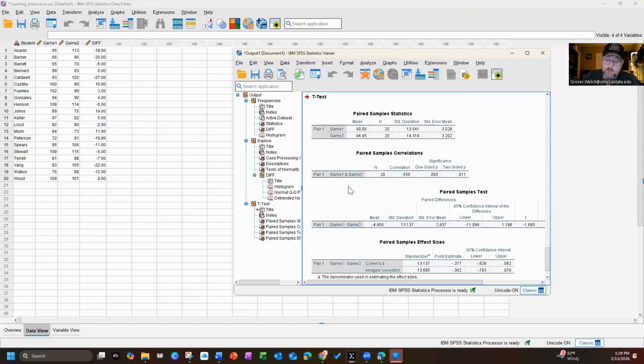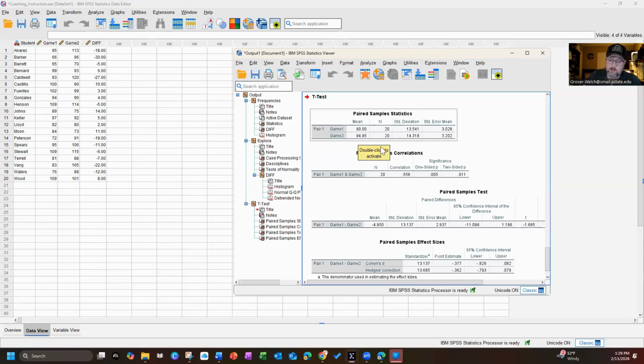The paired samples statistics table shows the descriptive statistics for both conditions, game one and game two. So game one, before coaching, students had a mean score of 90 points with a standard deviation of 13.541. And after the coaching session in game two, the mean score increased to 94.95 with a standard deviation of 14.32.